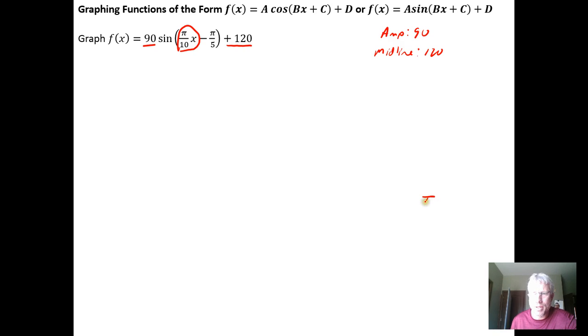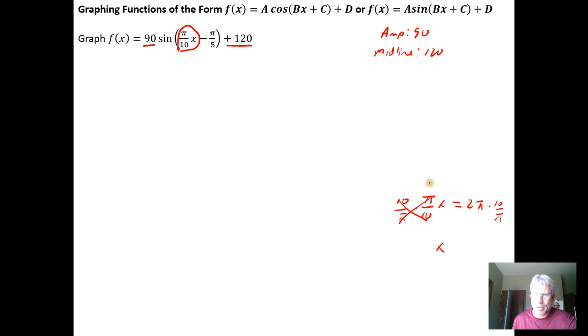We can say, pi over 10 times x, this piece here, we ignore the horizontal translation for just a minute. When does that equal 2 pi? And then I solve for x to see what value of x generates 2 pi. I need to multiply both sides by the reciprocal of pi over 10, so we'll multiply both sides by 10 over pi.